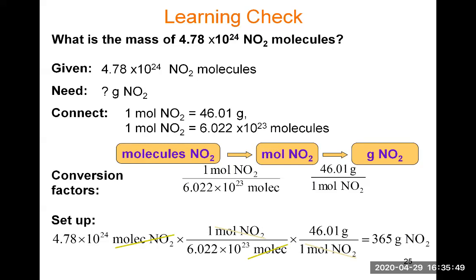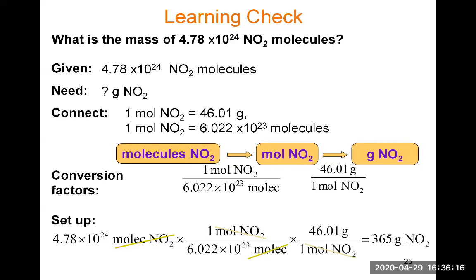The second conversion factor should have the moles on the bottom because we want to cancel moles from the previous conversion factor in the numerator, and the grams on top. So the units cancel properly and we end up with units of grams, which is what we want.